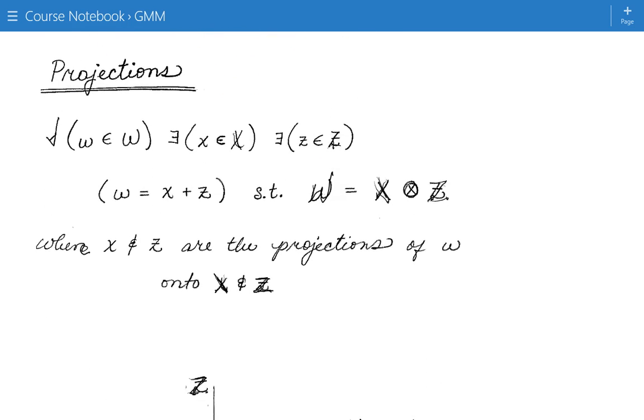Now let's talk about projections. In this case, what we're thinking of is putting these concepts of orthogonal sets together.